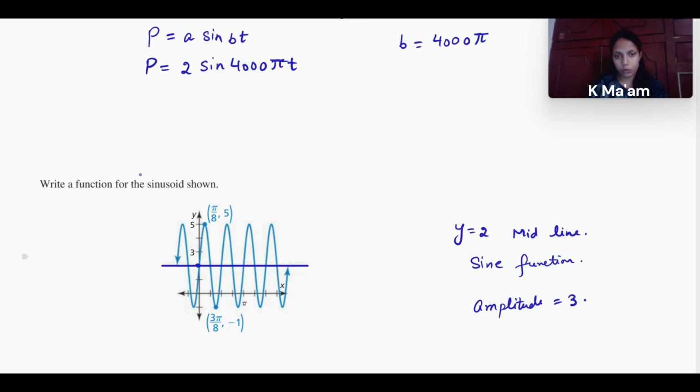Start here, go up, go down, and come back to this. So this is pi. It covers up to 2 periods, but I want only 1 period. So 1 period is half of pi, which is pi by 2. We got the period is pi by 2.